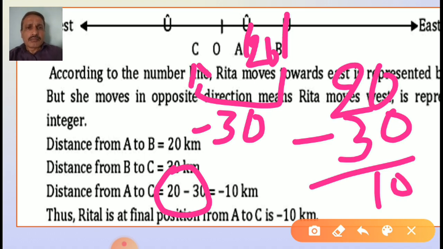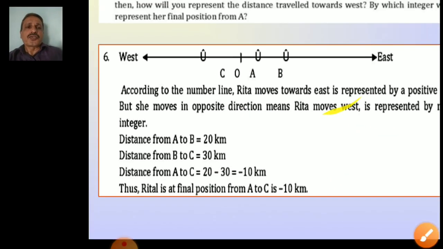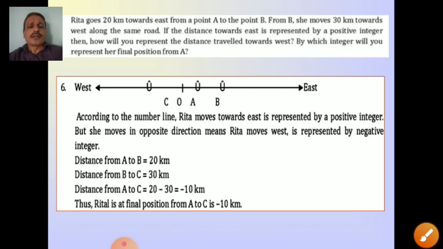Which is the bigger number, 20 or 30? 30. And 30 has which sign? Negative sign. You just put the negative sign over it, because it's the west direction. She did not reach the same place; she is 10 kilometers further in a different direction. Understood, students?